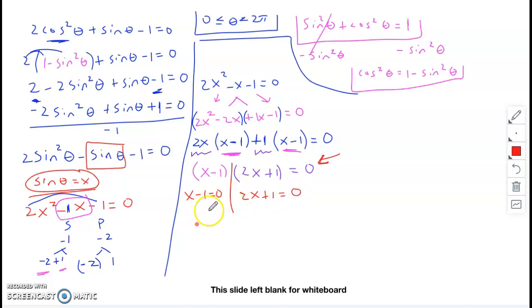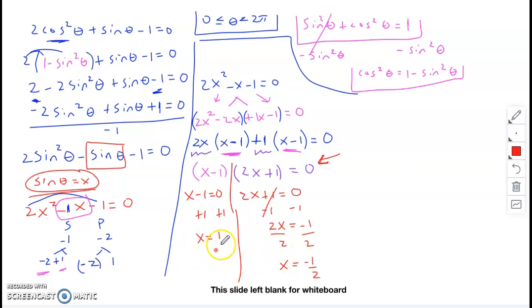And now, let's solve for x. Here, I do plus 1, x equals 1, right? And the second one, -1 cancels out. 2x equals -1, divided by 2, x equals -1/2.